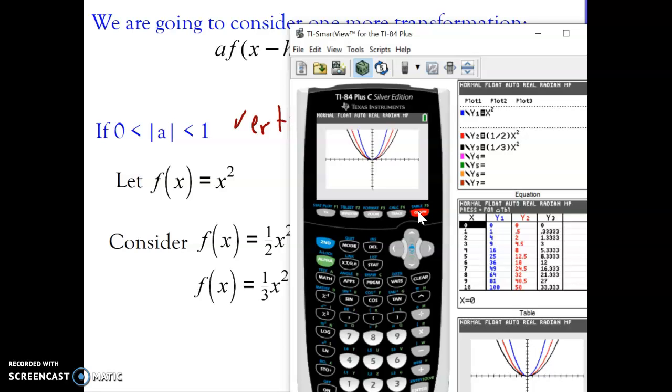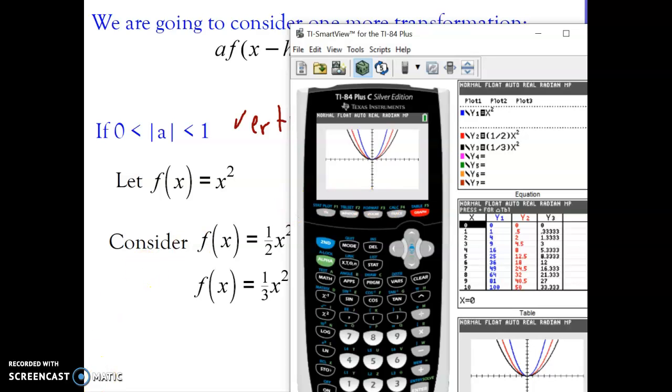Well, what's going to happen to his body mass? It's going to go out, just like the red one and the black one went out from the blue one. So it's not that a vertical shrink makes things fatter, it's that a vertical shrink presses things down, which with a parabola like this one, it has the effect of making it fatter, and that's what it looks like.